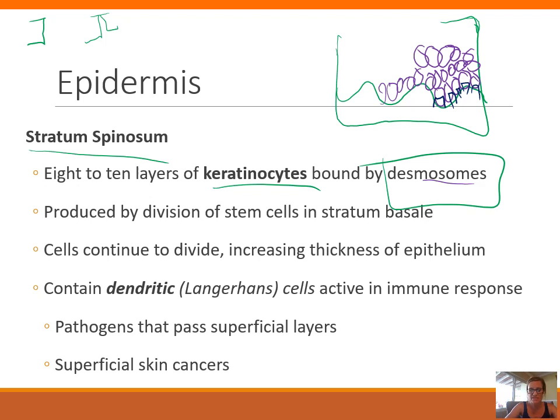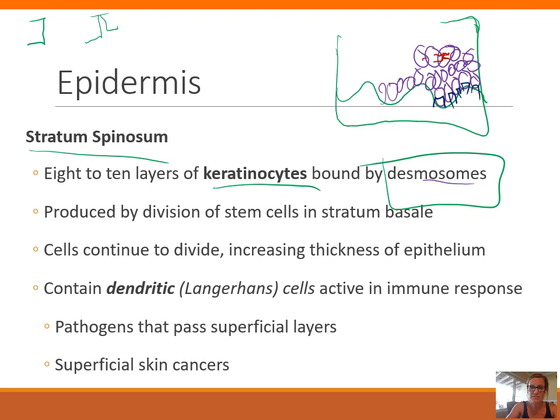Now we have desmosomes up in the stratum spinosum. They're full desmosomes because they're connecting two cells to each other. So it has like the one part that comes to this cell, and then the other side goes and connects that cell. So it's like a staple that's holding two cells to each other.